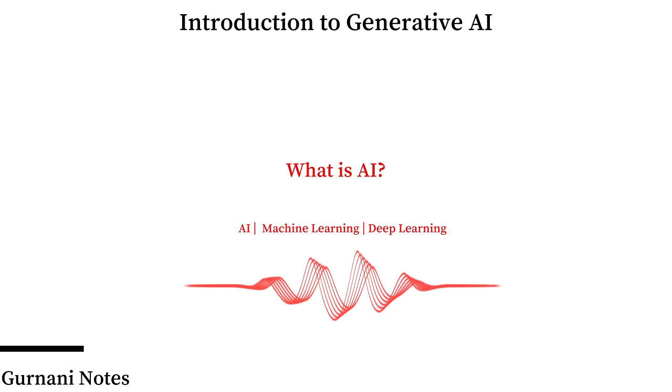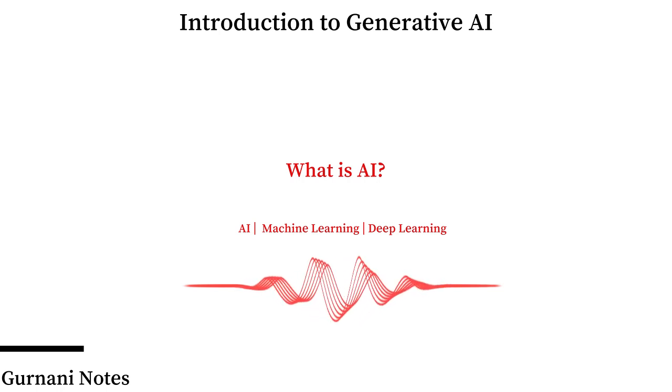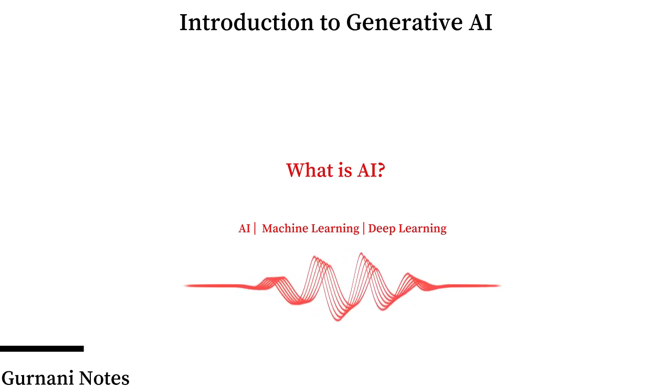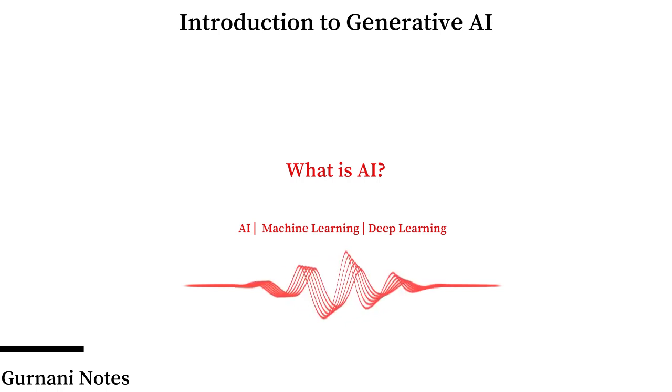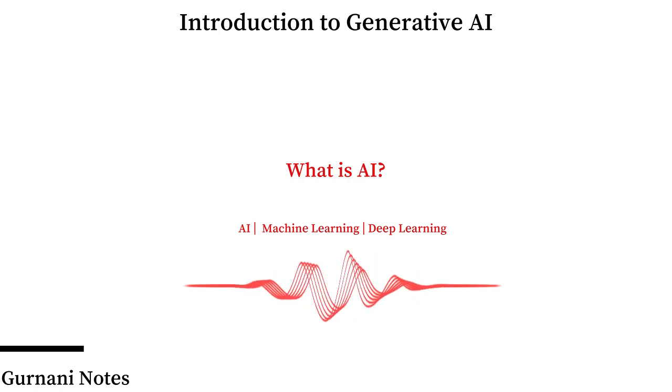Now, people always get confused between what exactly is AI and machine learning and deep learning. So, we are going to look into the difference between the three. Now that we have spoken a little bit about AI, let's look into what exactly is machine learning. Machine learning is a subset of AI that trains models to make predictions based on the data. The model improves its accuracy through the continuous learning cycle.